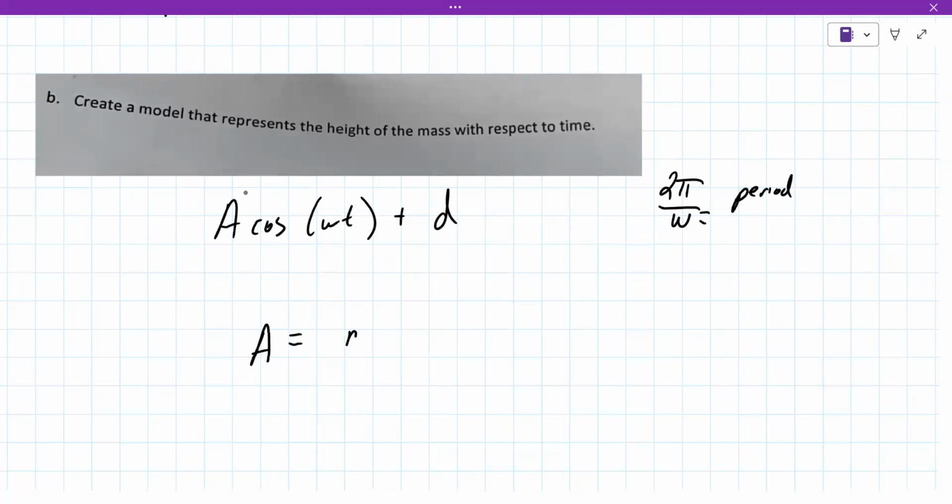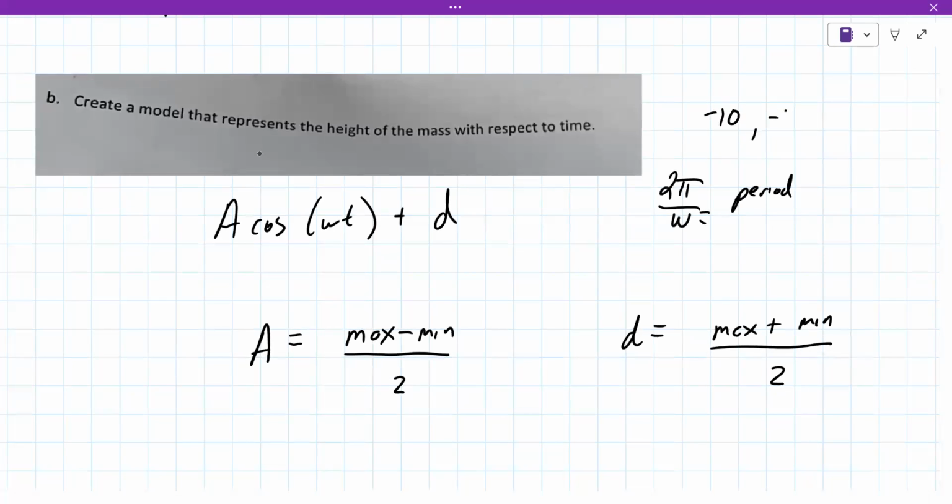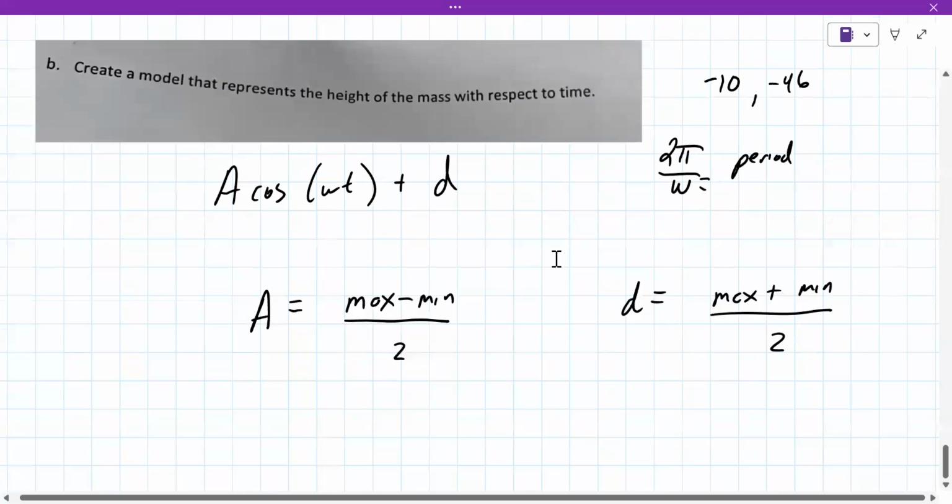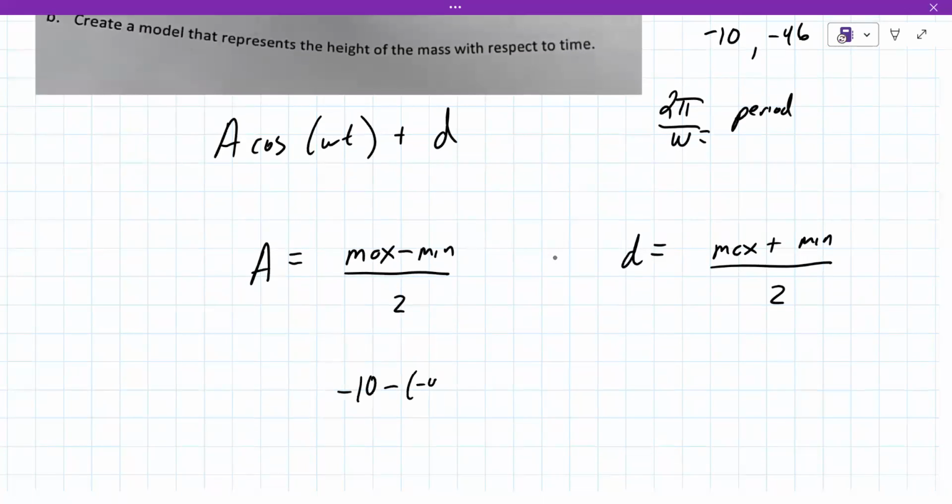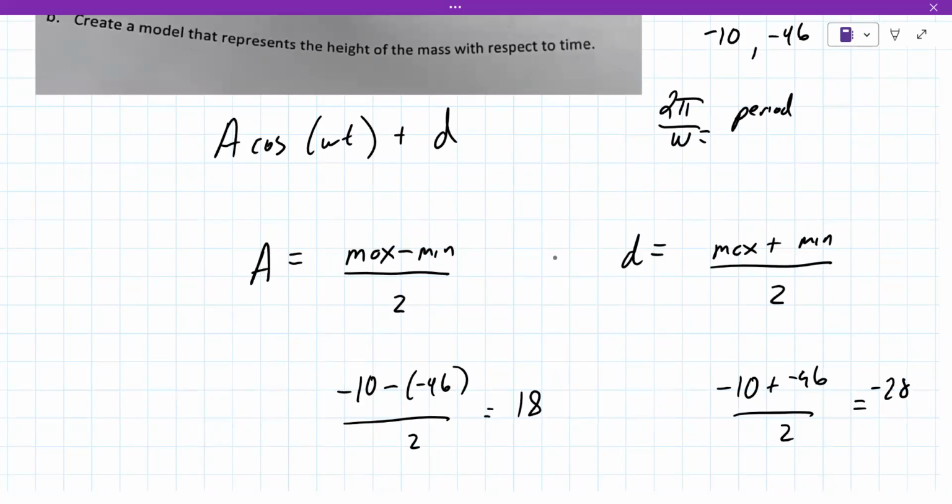A is the max minus the min divided by 2, and D is the max plus the min divided by 2. So if you go back to the numbers we're using, from -10 to -46, I know they're negative, but if you were to go -10 minus -46 over 2, you would get the 18. And like we did before, -10 plus -46 over 2 gets you the -28. Okay. Makes sense.